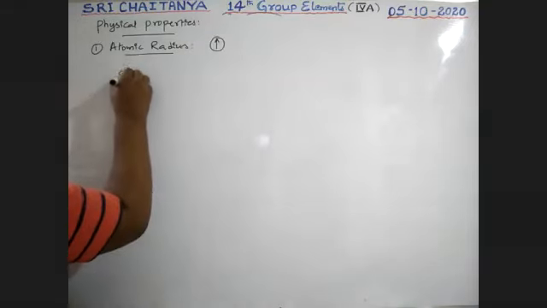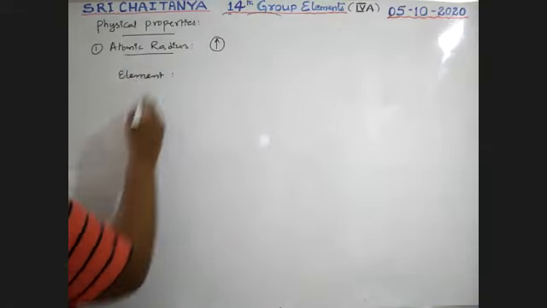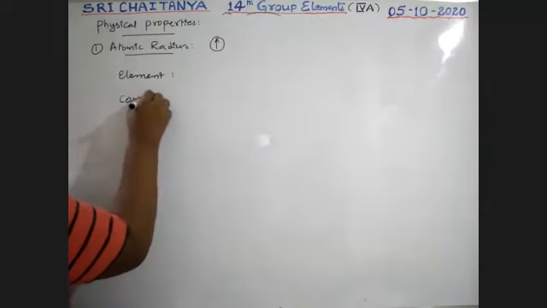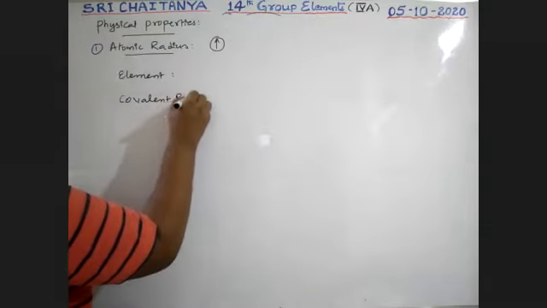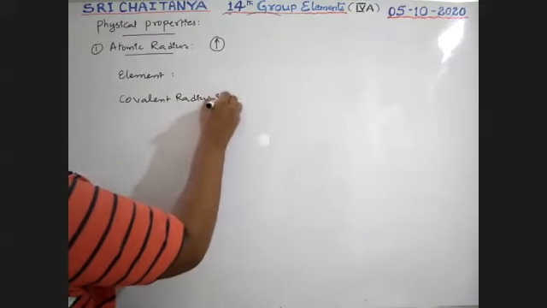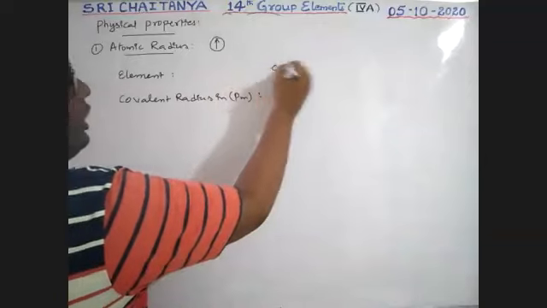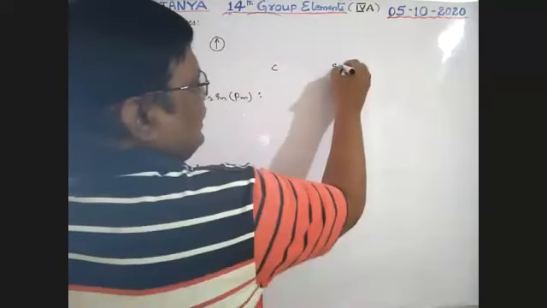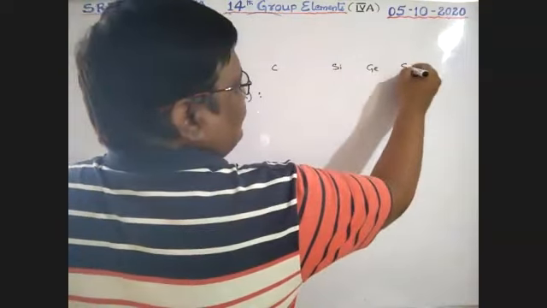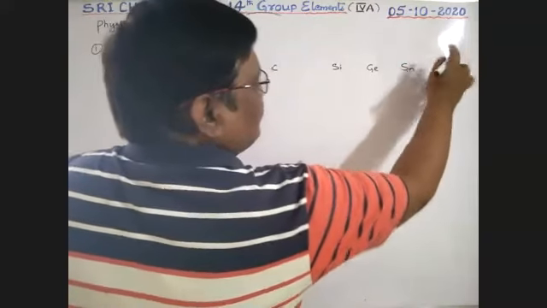So our elements and covalent radius in picometers. What are those elements? Carbon, silicon, germanium, tin, lead.